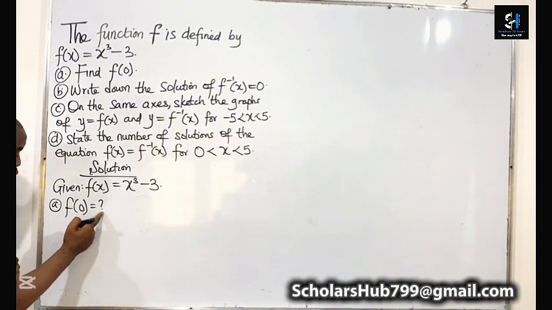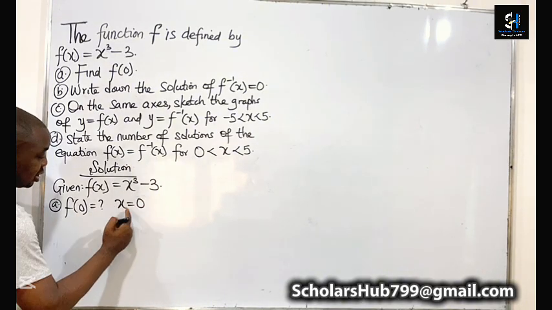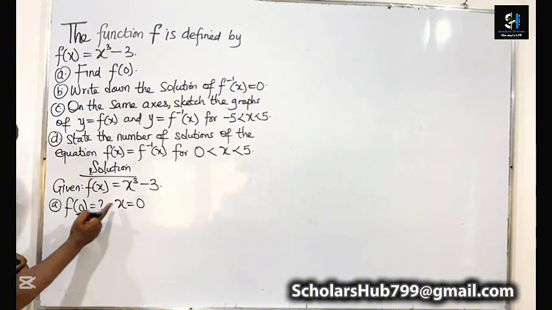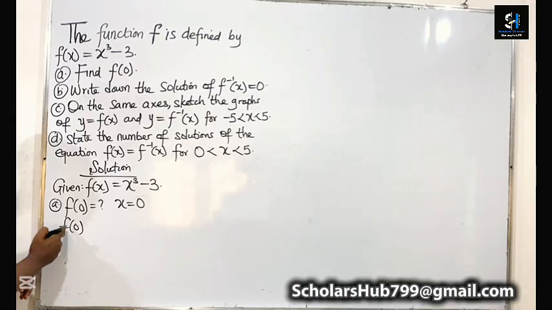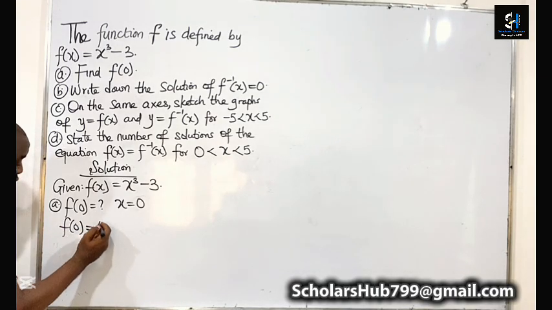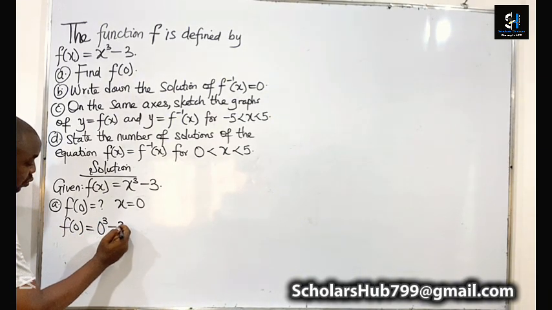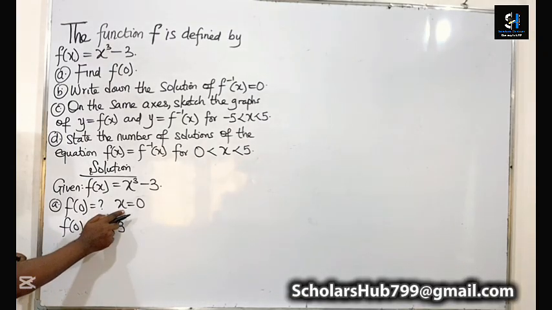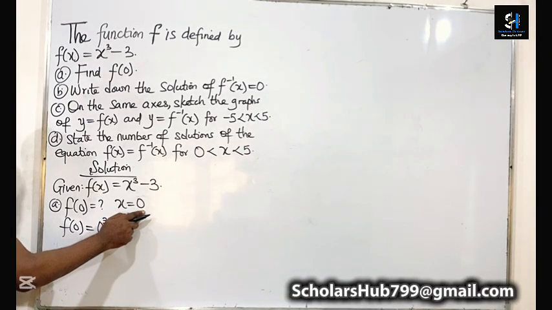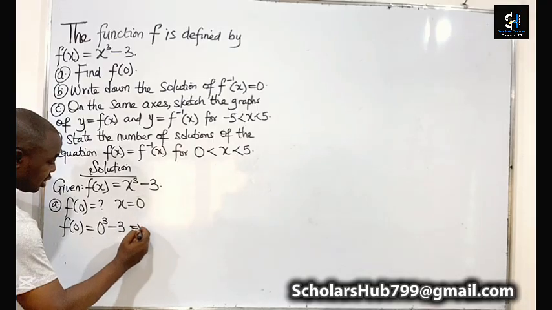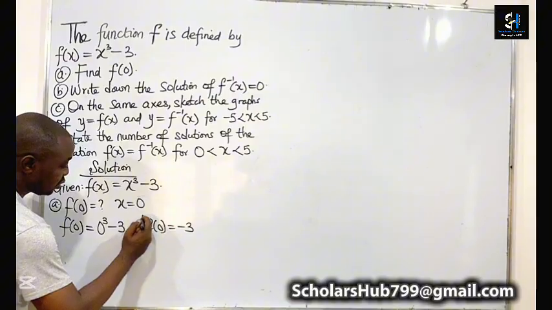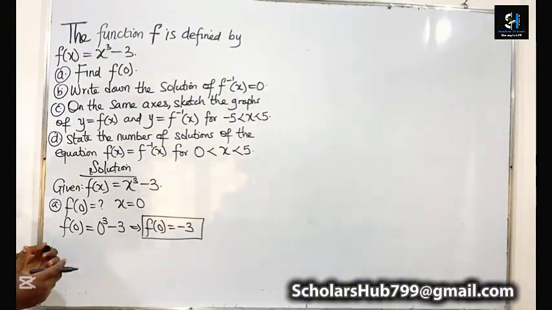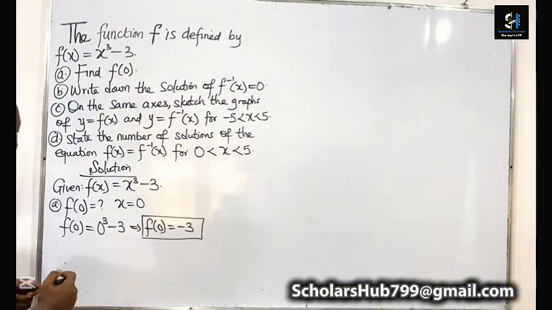When x is equal to 0, what will be the value of f of 0? So f of 0 will be equal to 0 cubed minus 3, because the value of x is 0. So f of 0 will be minus 3.